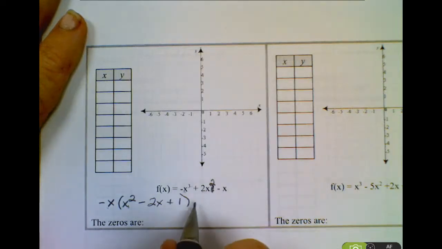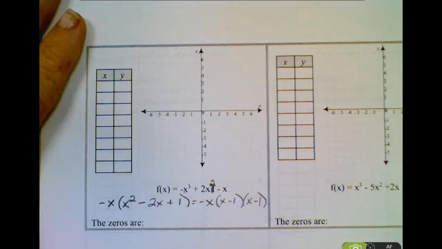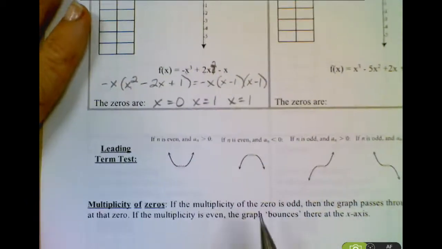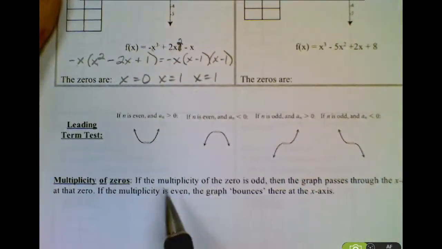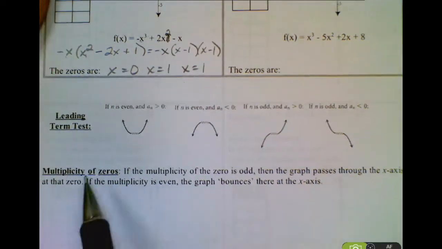That further factors down to -x, x minus 1, and x minus 1. Now we've got something called multiplicity going on, because another way that I could write this, if my zeros are x equals 0, x equals 1, and x equals 1. Okay? This is what you need to know. If the multiplicity of the 0 is odd, then the graph passes through the x-axis at that 0.